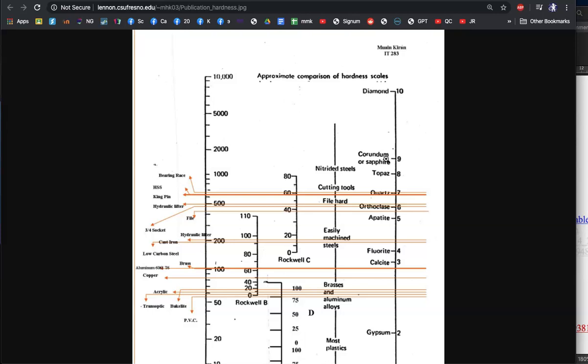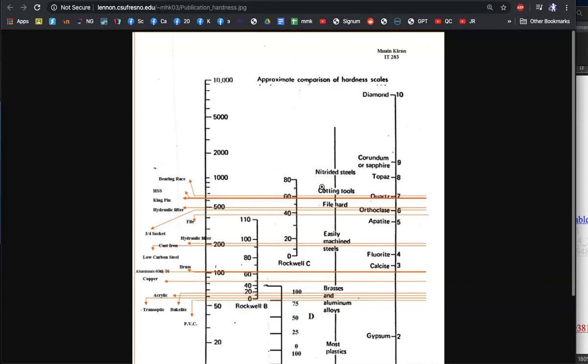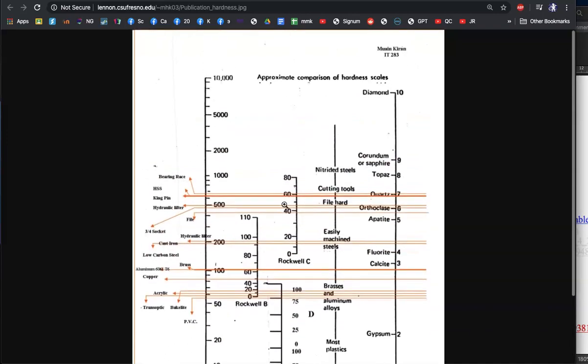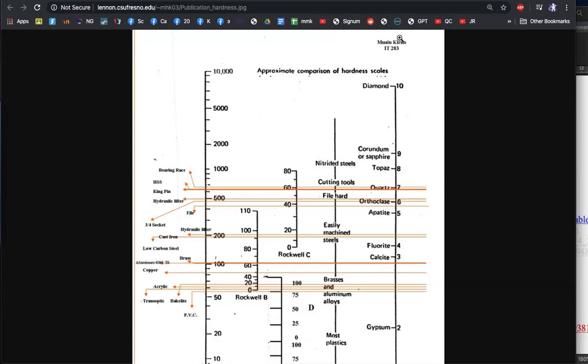So we could say that sapphire is twice as hard as topaz, and then diamond is 5 times harder than that again. We don't have the Vickers test here to show relatively, but these are pretty linear actually until we get to diamond, where it just shoots way up.